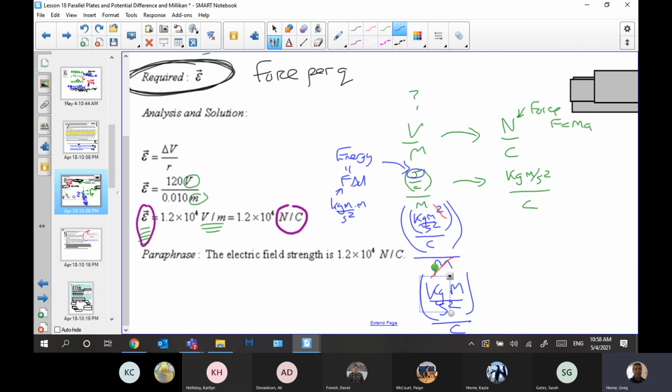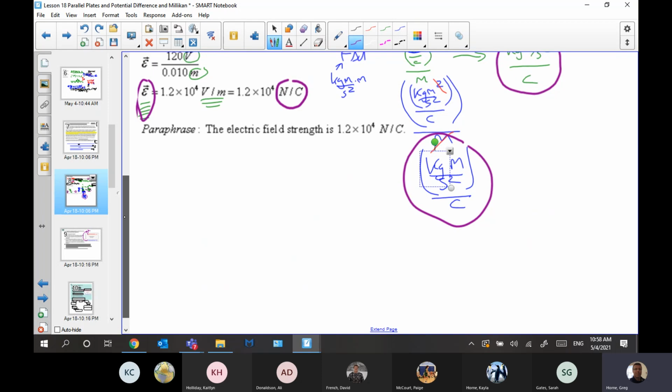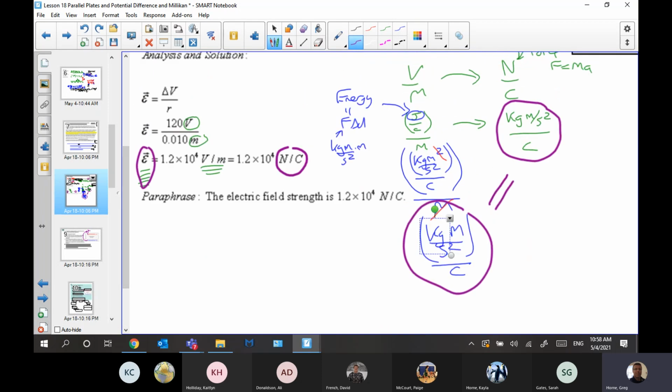So what we have done there is confirmed that the unit for force per charge and the unit for volts per meter are the same, right? So volts per meter really is newtons per coulomb.